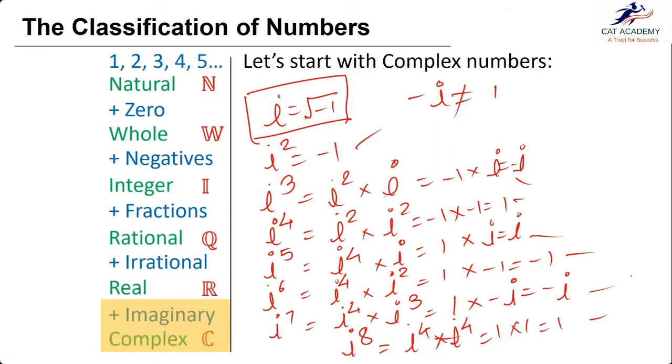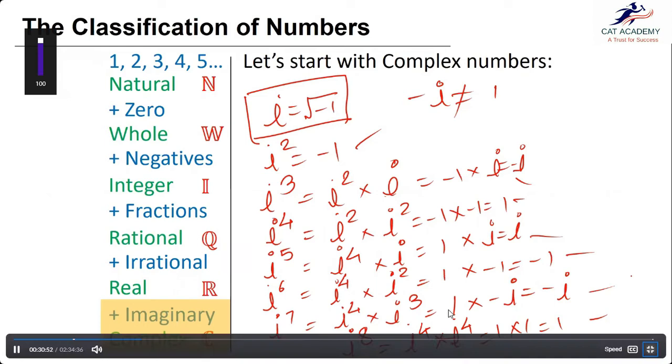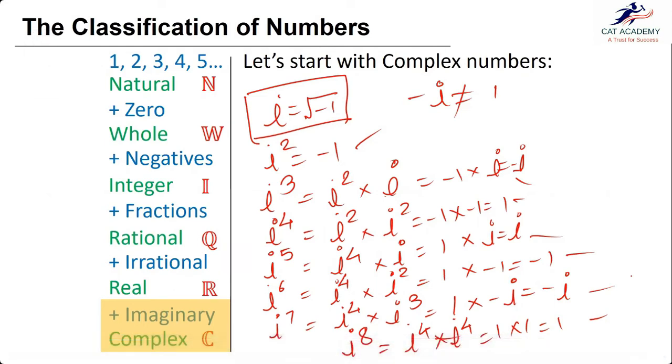So I'm getting a pattern over here: i, -1, -i, 1, i, -1, -i, 1, i, -1, -i, 1. This repetitive pattern I need to use to find out various powers of i. It's repeating after every 4, correct?